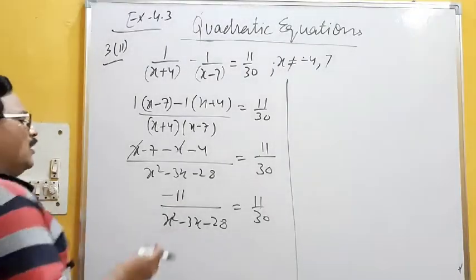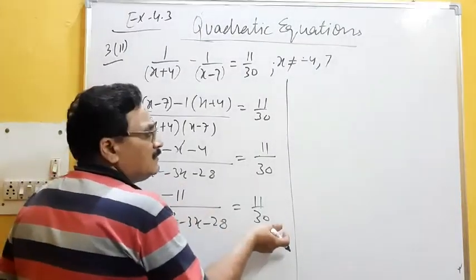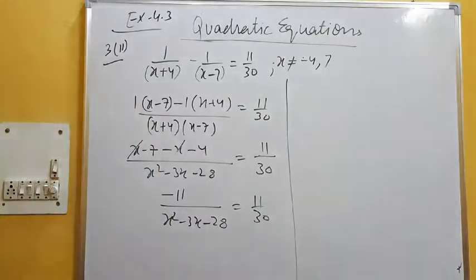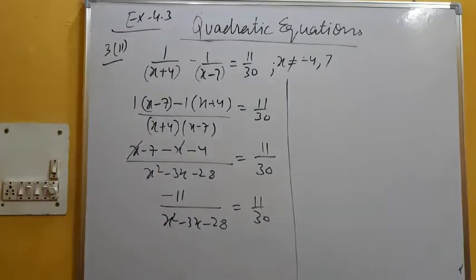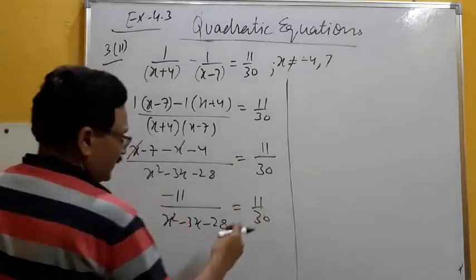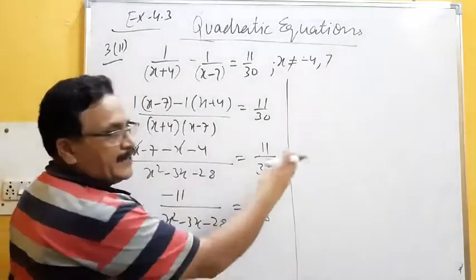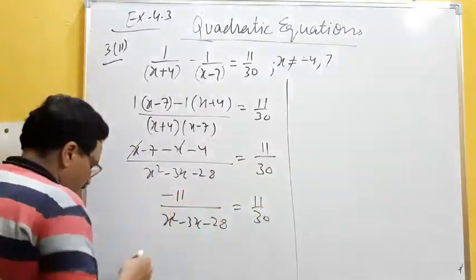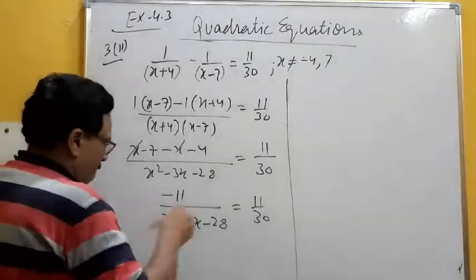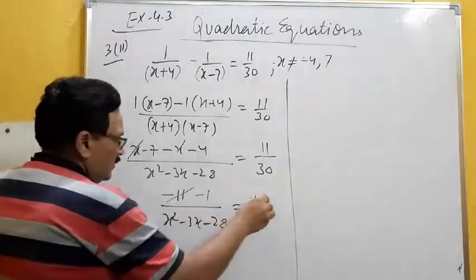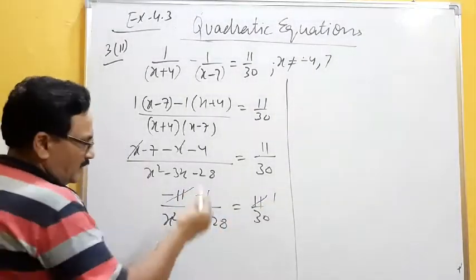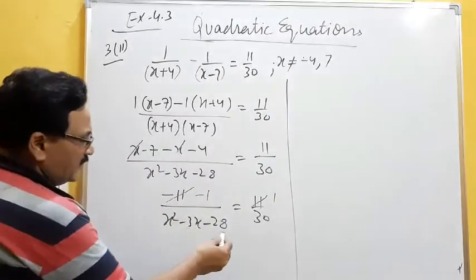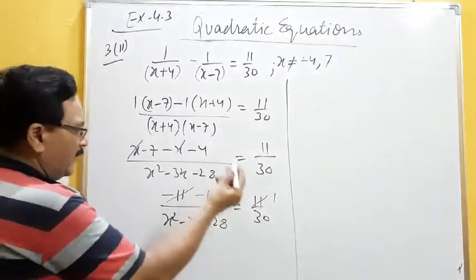Or if I take the 11 to this side, 11 divided by 11 cancels. So we cancel the −1 and +1. Now what is that? 1/(x² − 3x − 28) = 1/30, and cross multiply.